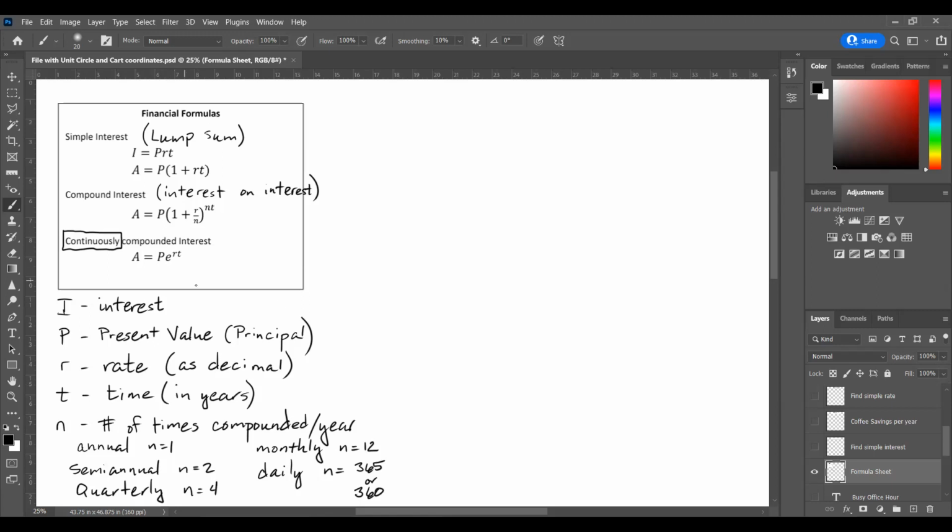Now, I do need to denote this E here. That is E to the X. It's on your calculator. There's probably a button that says E to the X. It may have an ln above it, or you might have an ln button with e to the x above it. Regardless, that's the e we're talking about here.